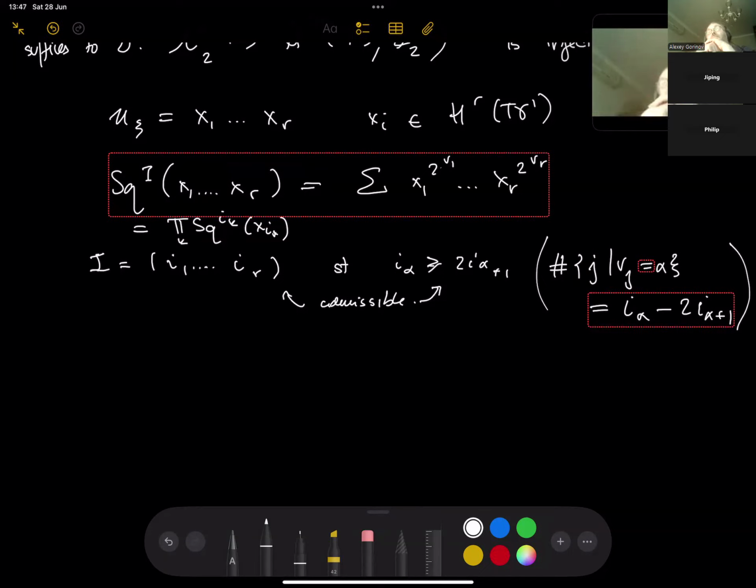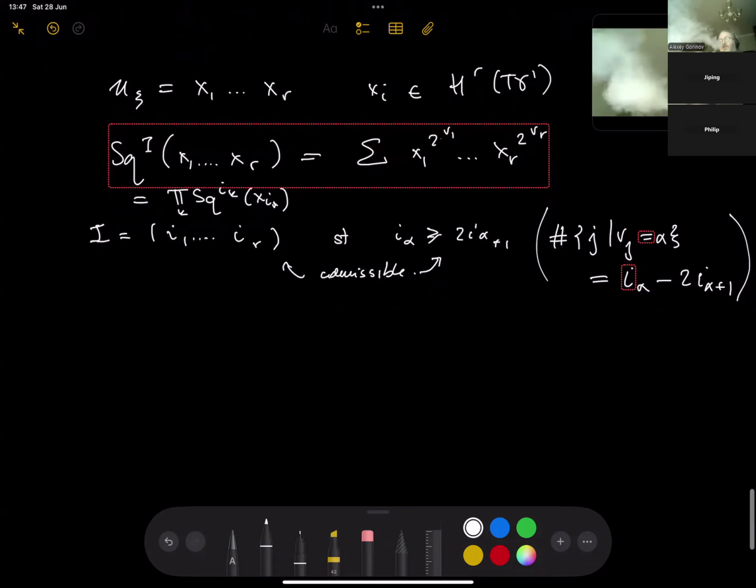The claim is this: SQ I of this product of x_i's is a sum of x_i to the power of 2's. And this is proven by induction. I can go through it if it's necessary. Well, maybe later.